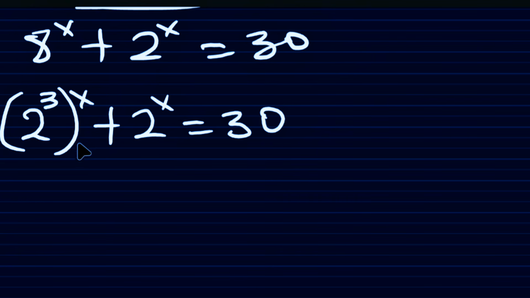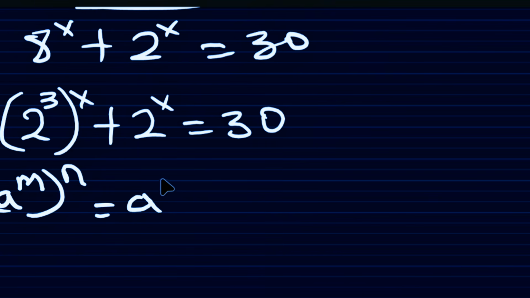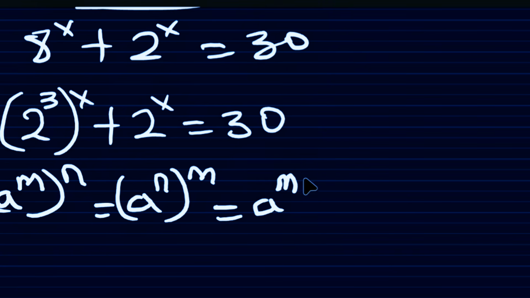Now from here, let's look into this exponential rule. If you have (a^m)^n, this equals (a^n)^m. Since this is multiplication, you can switch the exponents. And this equals a^(mn), that is m times n, or equals a^(nm).